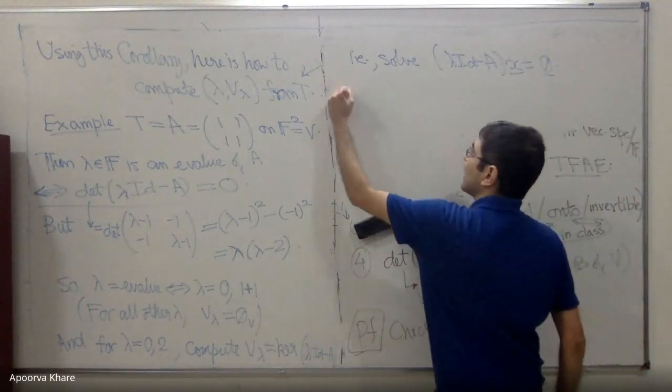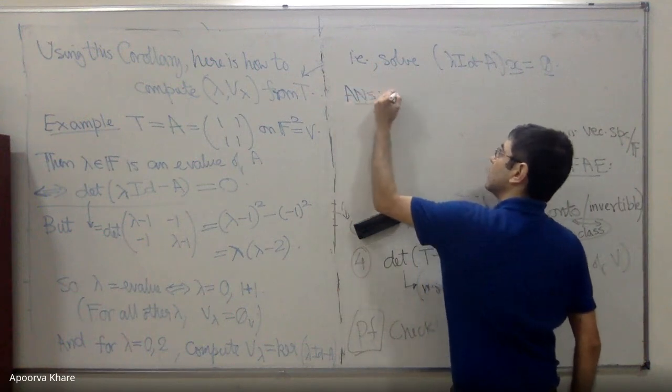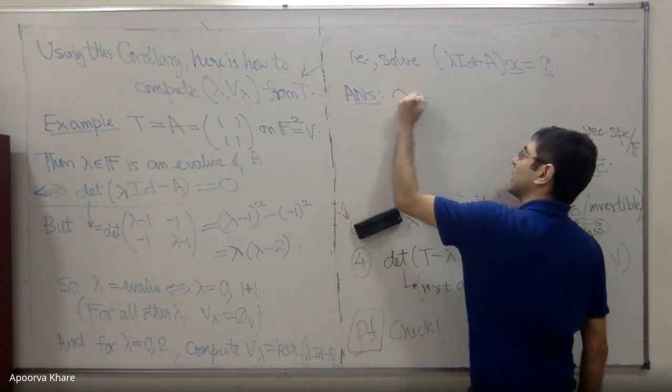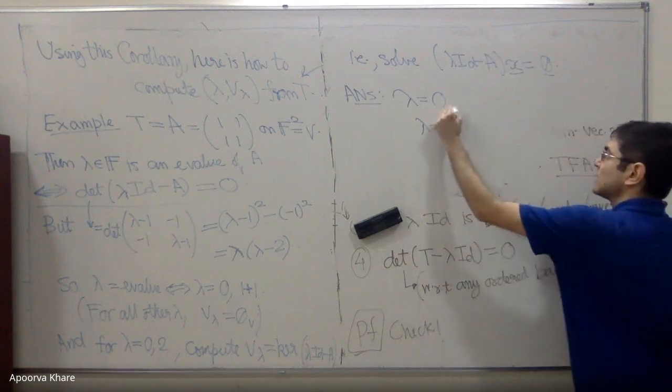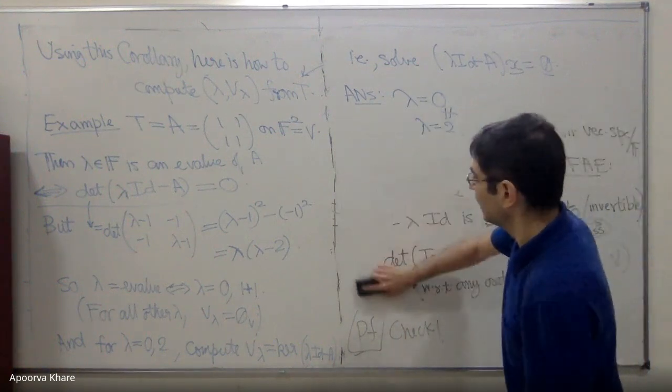So in fact, we get the answer. Lambda equals 0, lambda equals 2. Let's say 0 does not equal 2 in the field.